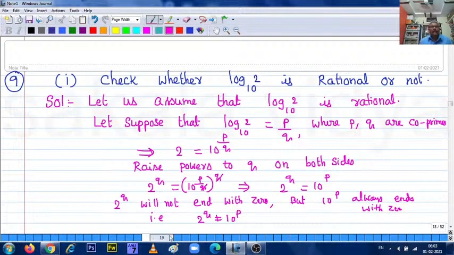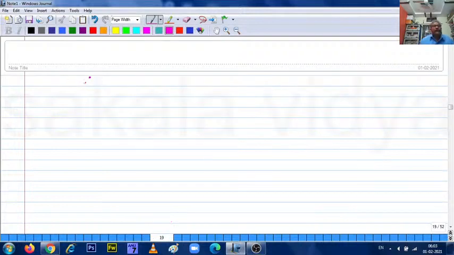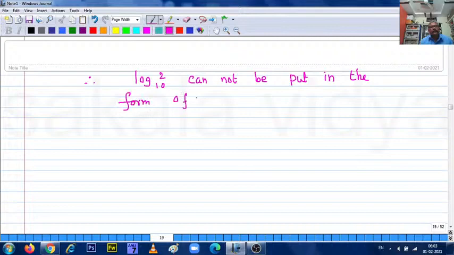Therefore, log 2 to the base 10 cannot be put in the form of P by Q. Hence our assumption is wrong.